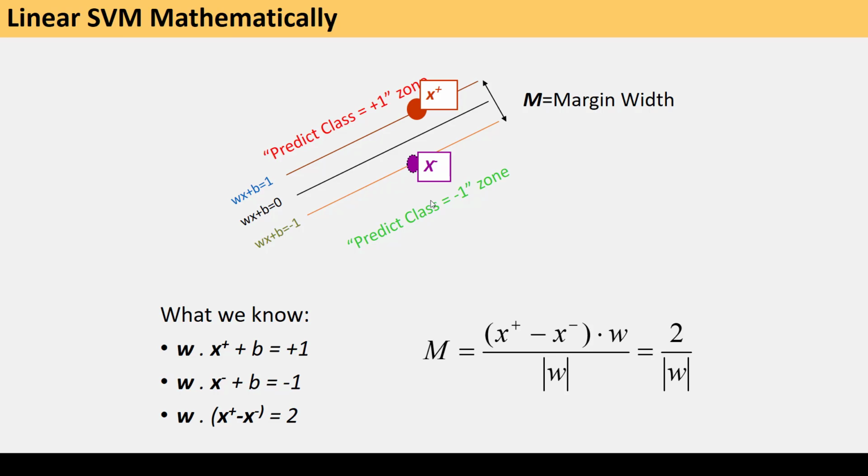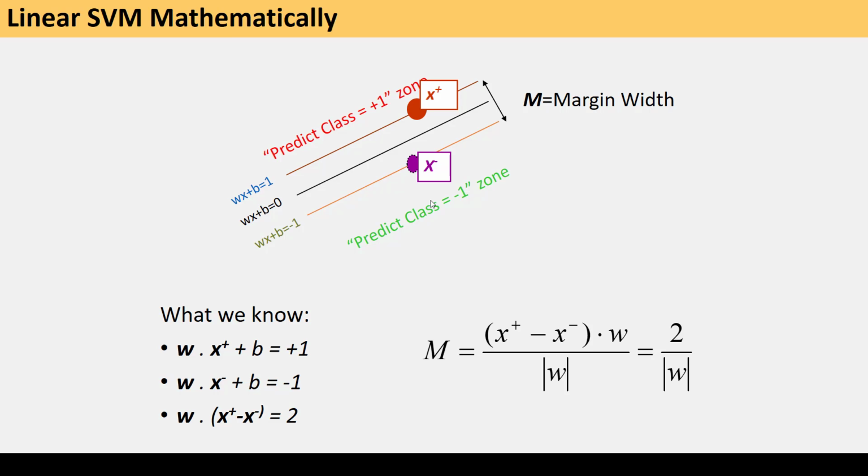You see at the top of this picture that there is a clear hyperplane with 2 different boundary lines. w dot x plus b is equal to 0 is the center line, which is the hyperplane, and w dot x plus b is equal to 1 is on the other side of the boundary line, with the class plus 1. The negative side will be minus 1. So we know that w dot x plus b, where b is a constant, is equal to plus 1 on the positive side, and minus 1 on the negative side.